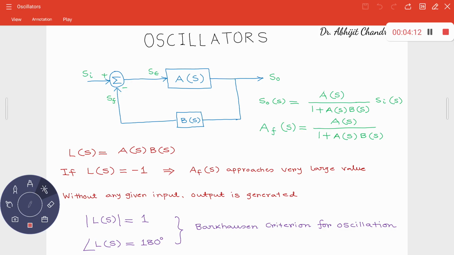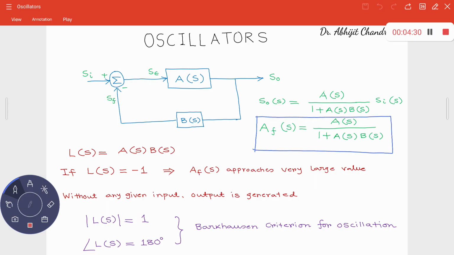So the gain with feedback is A_F(S) equal to A(S) by 1 plus A(S)B(S). This expression is familiar to you.